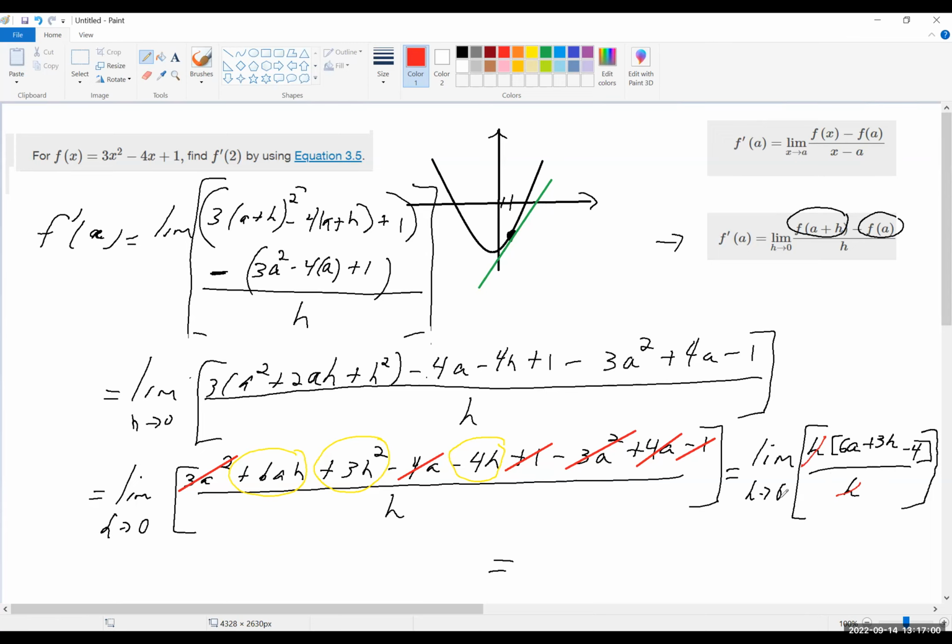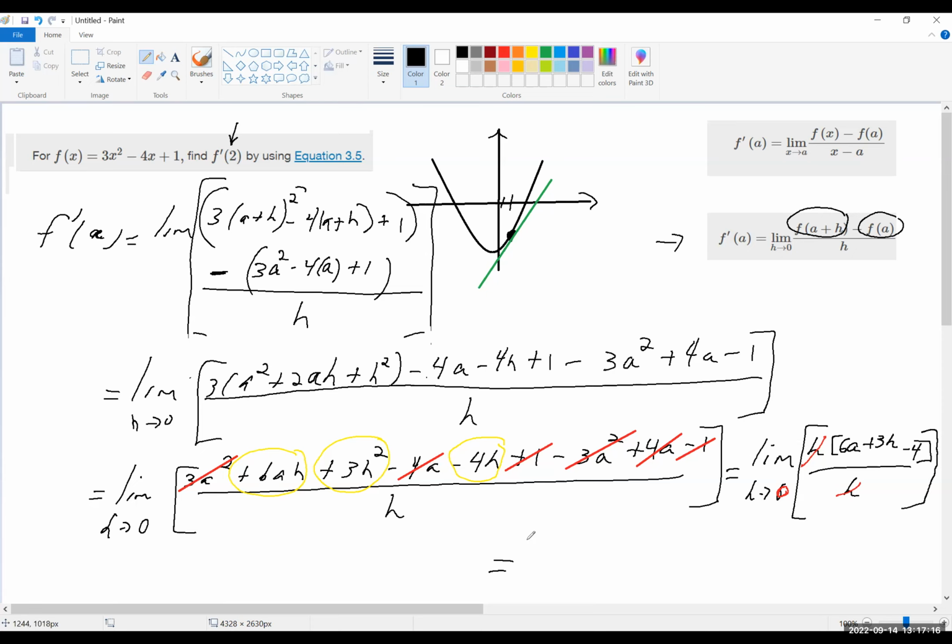And I can plug in that 0 for h, and my a is over here in the original problem, the 2.